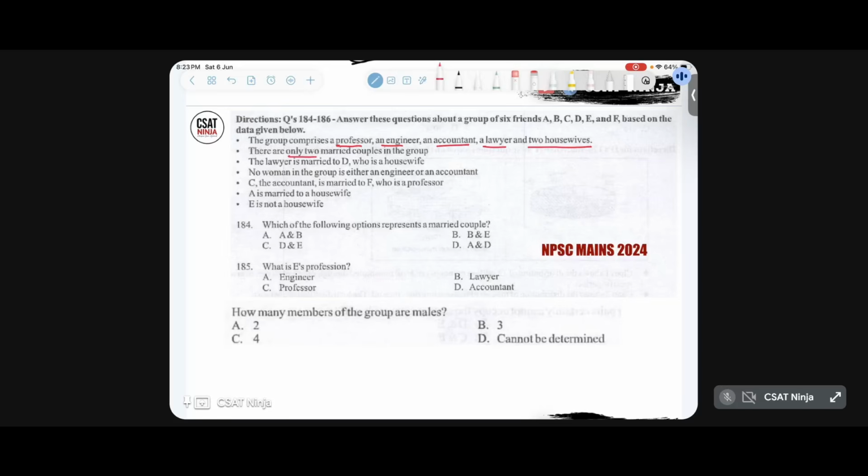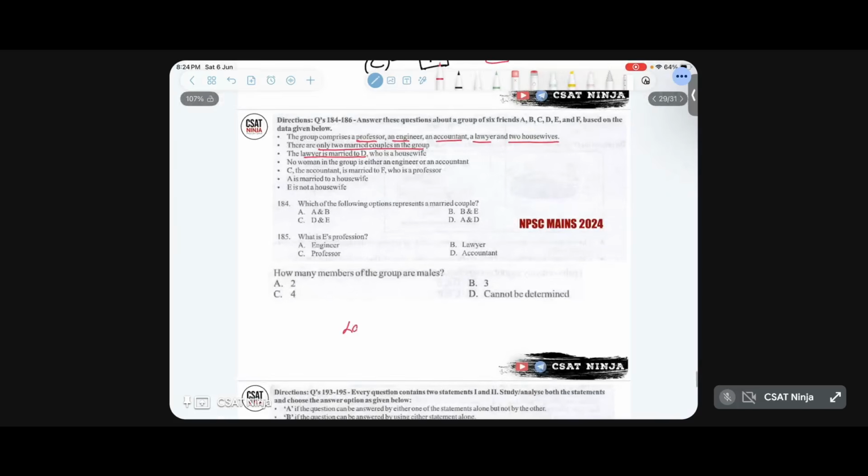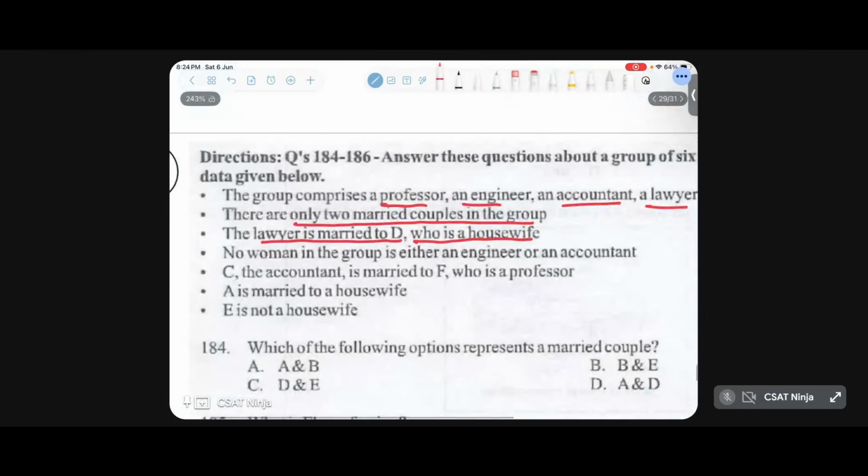There are only two married couples in the group. That means there are only two married couples. Okay, that is fine. Let's move on to next. Lawyer is married to D, who is a housewife. This is the WH statement I was talking about.